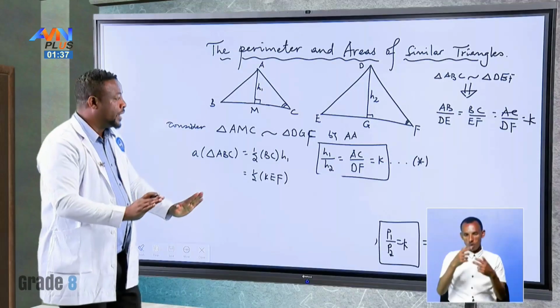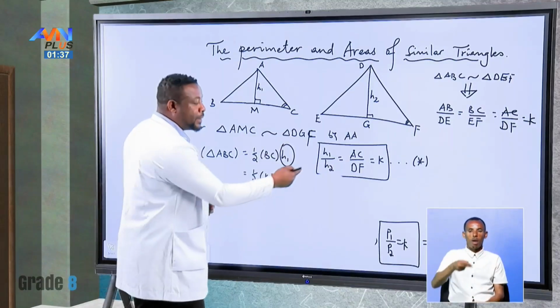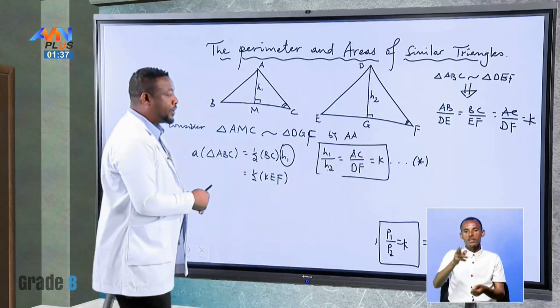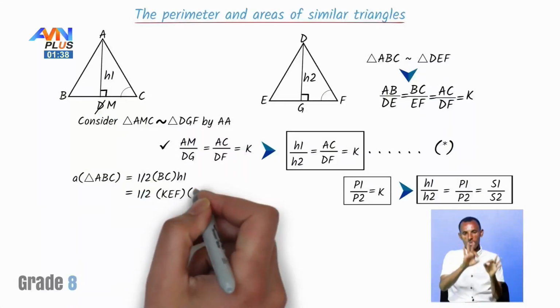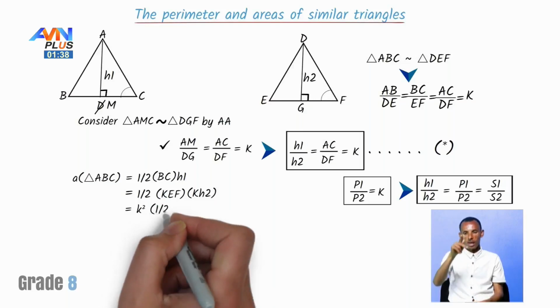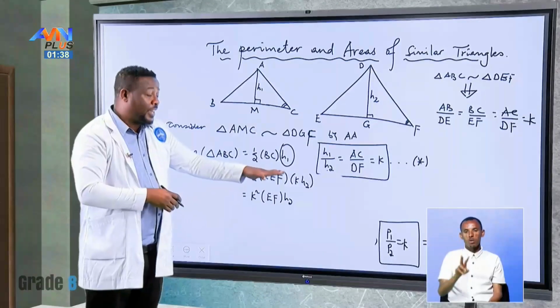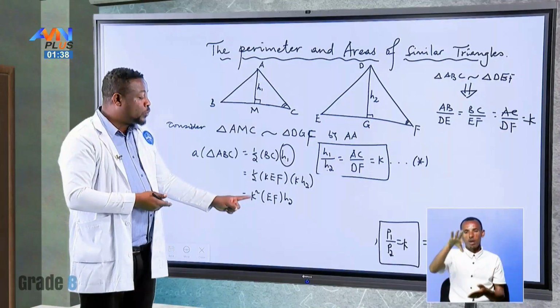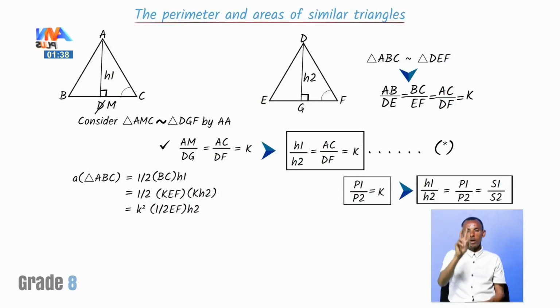You have this thing. The other thing, in place of H1, you can substitute H2 times K, okay? Because H1 over H2 is K. So in place of H1, you can substitute K times H2, right? So now we have K times K is K squared times EF times H2, okay? But there is also half here.